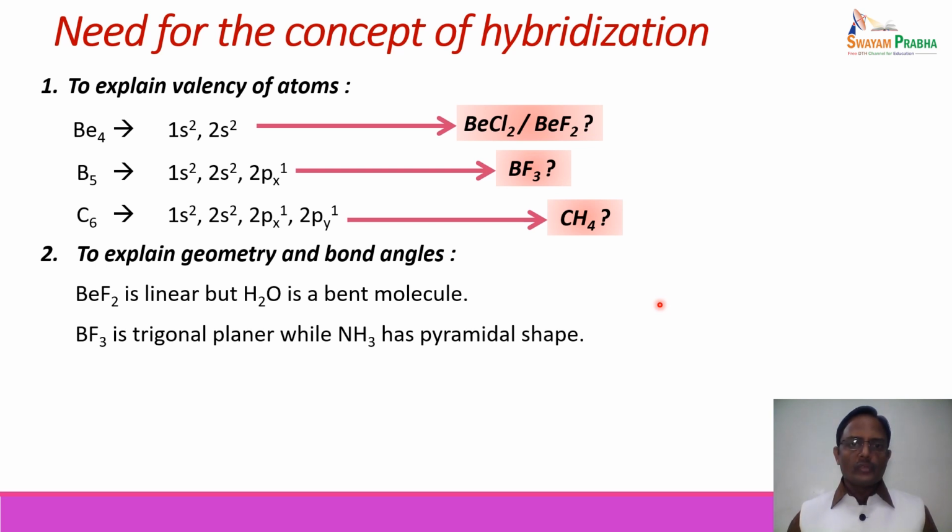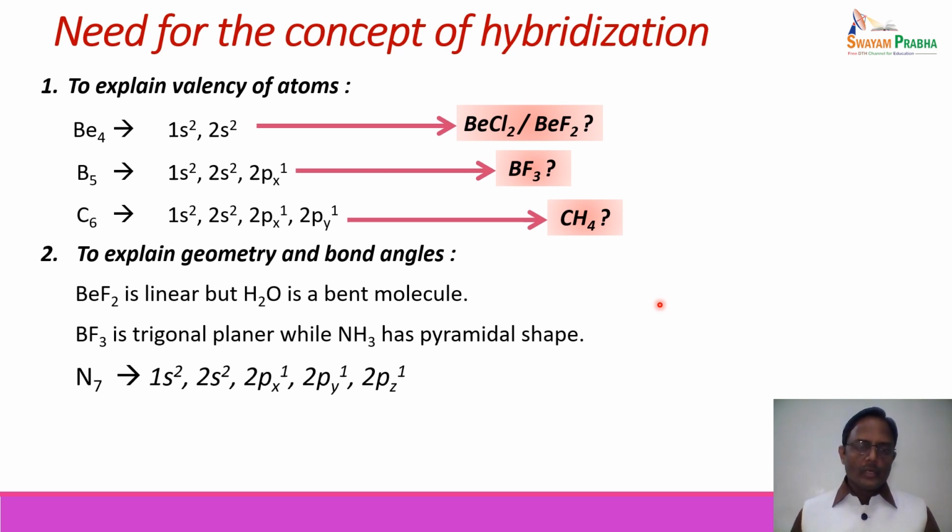The second component of this is explaining the bond angles. Consider an example of the nitrogen atom. Nitrogen has atomic number 7, electronic configuration 1s2, 2s2, 2px1, 2py1 and 2pz1. There are 3 unpaired electrons, and so it can form 3 bonds.